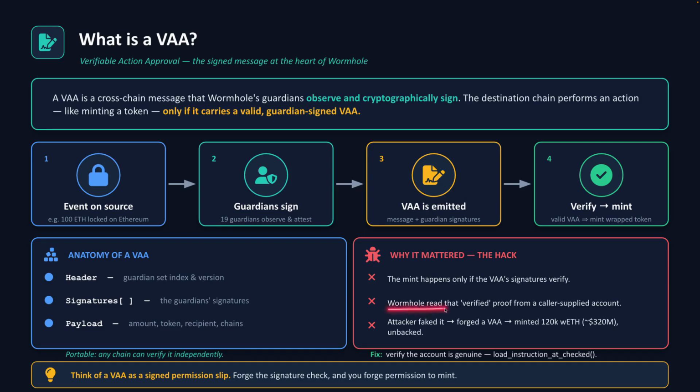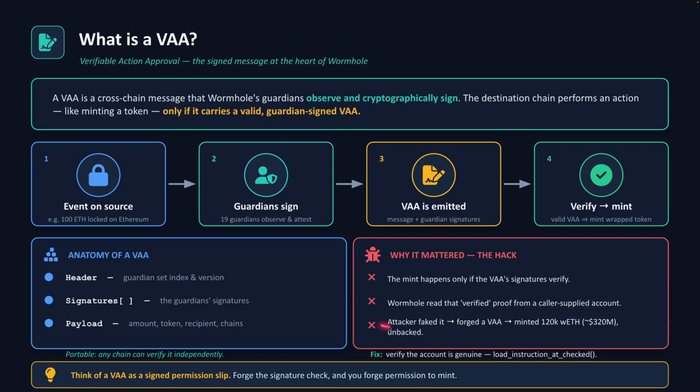The caller supplied account in this case was the attacker. The attacker gave a forged VAA that led the Wormhole contract to believe that the VAA was valid. In turn, that led to minting of 120,000 wrapped ETH, which were backed by nothing.